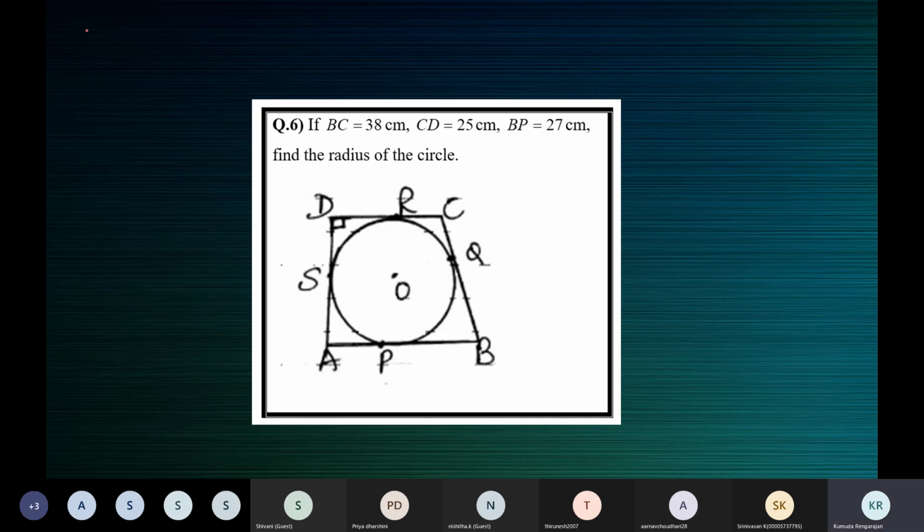So first step, join OS, OR. Now, how will you show that OSDR is a square?